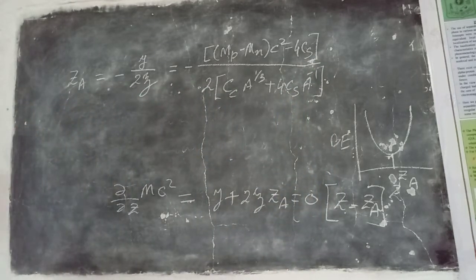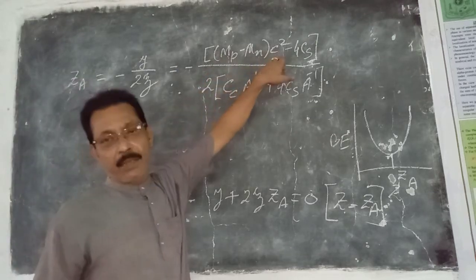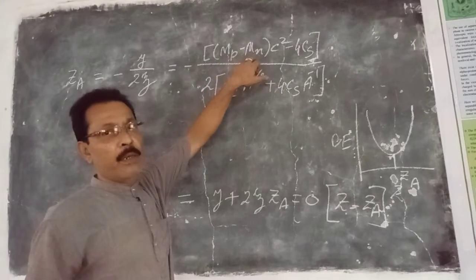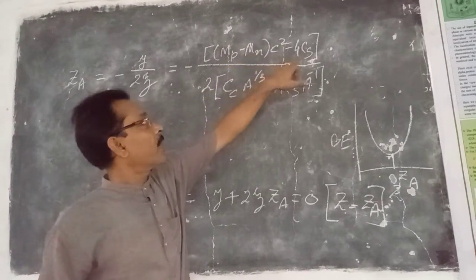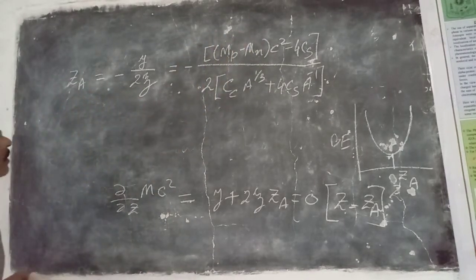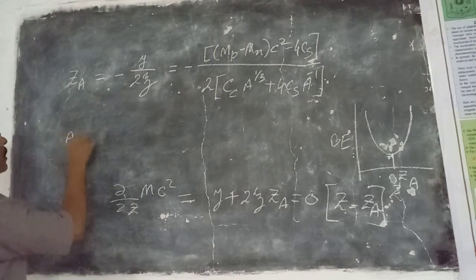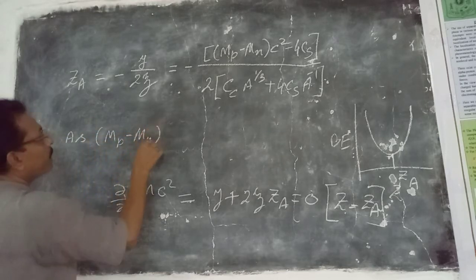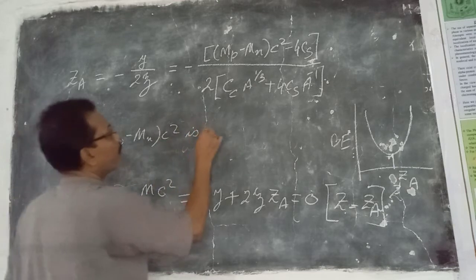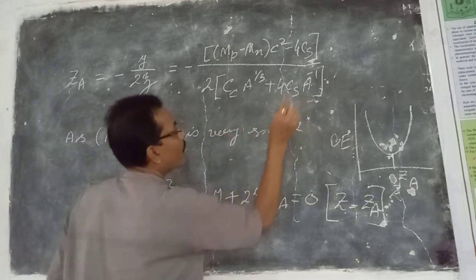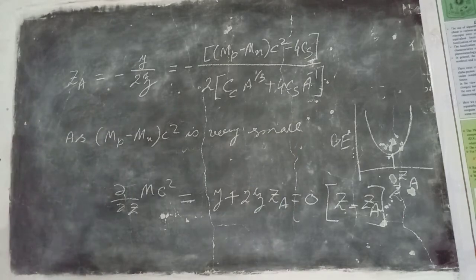Here it contains M_P minus M_N square, the mass difference between the proton and neutron, which is very, very small compared to this term. So if we neglect this term, as M_P minus M_N is very small, then what we get?